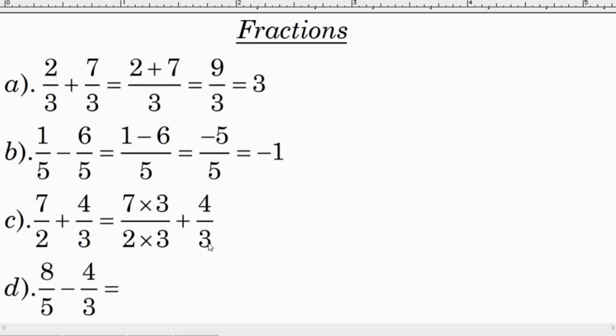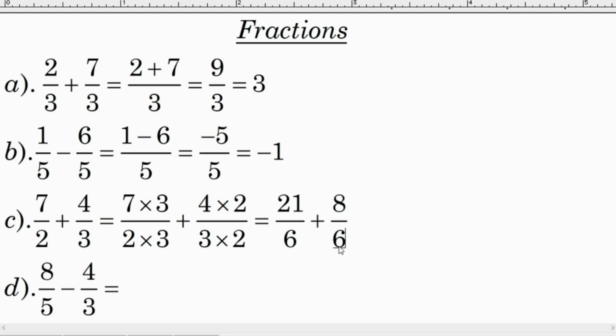Then we multiply the denominator 3 by 2, and we also multiply the numerator 4 by 2. Alright, so 7 multiplied by 3 equals 21, divided by 6, plus 4 multiplied by 2 equals 8, divided by 6.